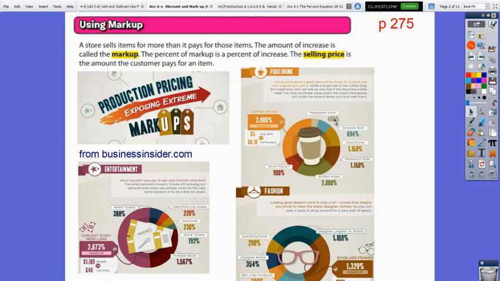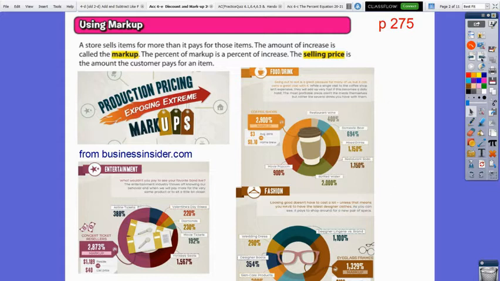So 400% markup is actually 5 times as much. You can see other things here: flowers, 220%, a wedding dress, 290%. So markups can be pretty significant percents, or maybe not so much, depending on the types of businesses.